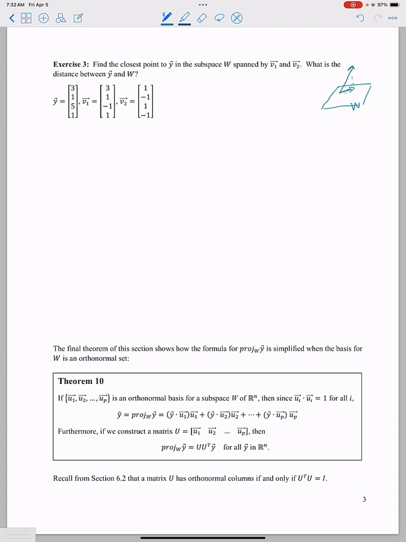In order to use the formulas that we have, I need to make sure that V1 and V2 are orthogonal. So let me check that first. V1 dot V2, I have 3 minus 1 minus 1 minus 1, which is 0, so good. And so now I'm just going to try to find Y hat. So Y hat is Y dot V1 over V1 dot V1.